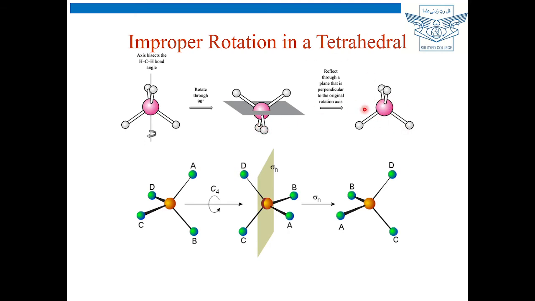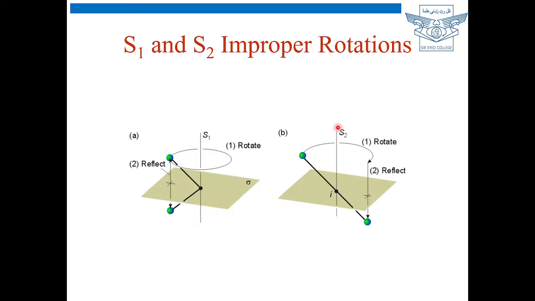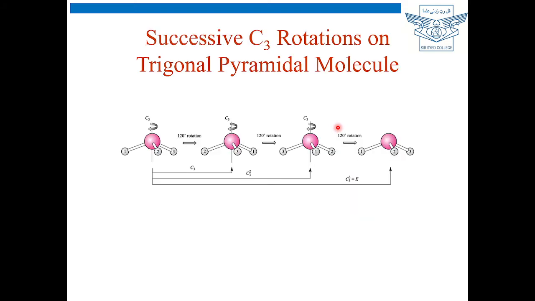It will be having an inversion of configuration. So the molecule is said to have an SN axis, improper axis of rotation. In other words, we are performing symmetry operations on these molecules. Okay, right. So this S1, S2, all these things we have completed in the last class. So I am not going into this again.